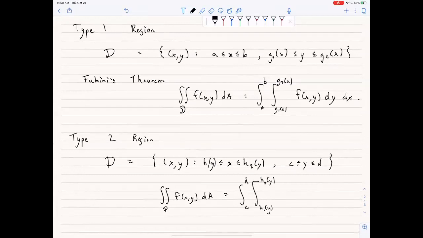When we have a type 1 region that's really only a type 1 region, or a type 2 region that's only a type 2 region, we no longer have this sort of symmetry that we can use, or this choice that we can make in expressing our double integral as an iterated integral. We sort of have a fixed order that we have to go through once we've made a determination of the type of region we're dealing with.